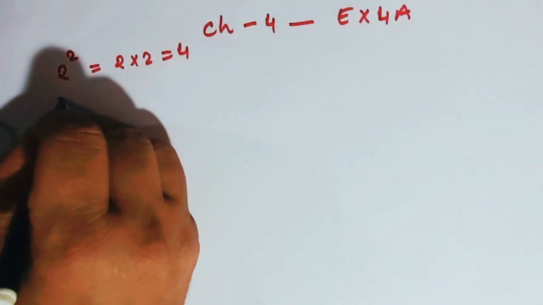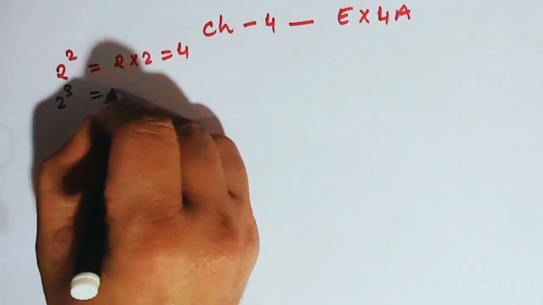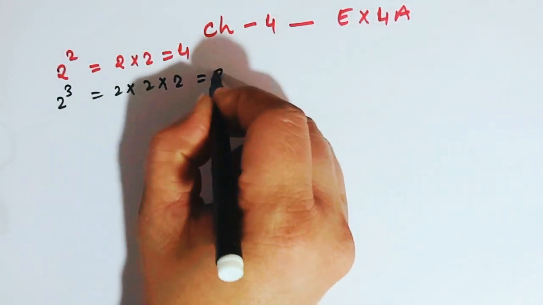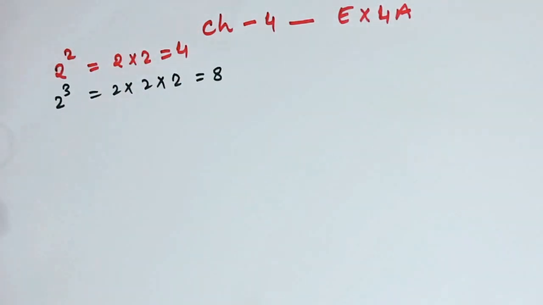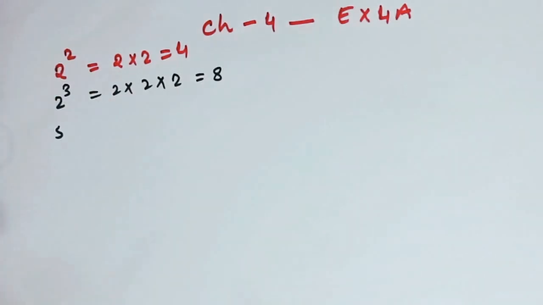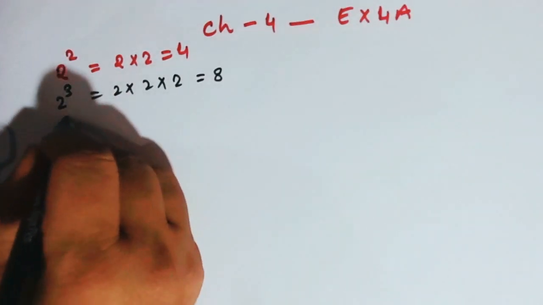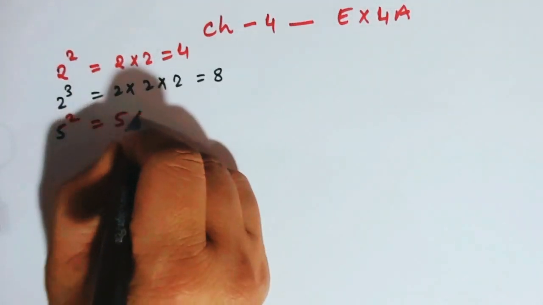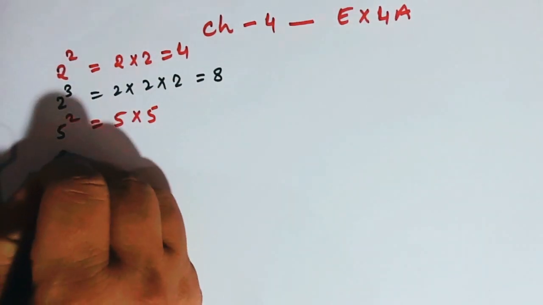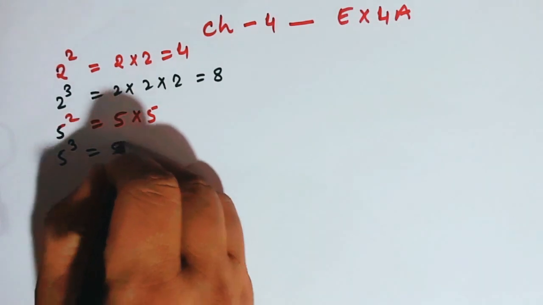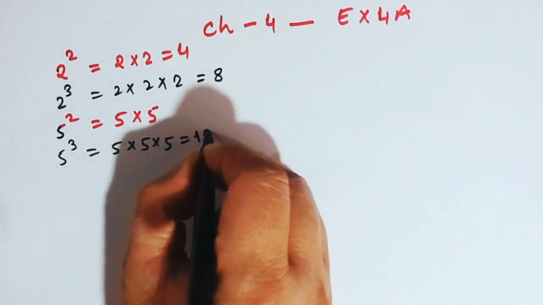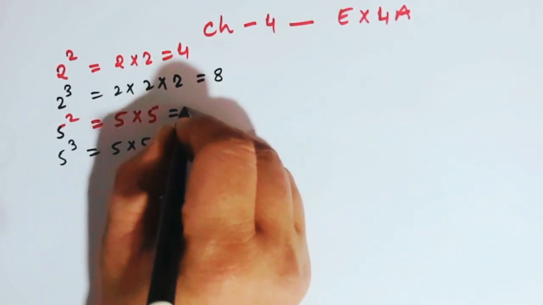of numbers: 2 to the power 3 as 2 times 2 times 2 is equal to 8. If you know that 5 square is equal to 5 times 5, then 5 to the power 3 will be equal to 5 times 5 times 5 is equal to 125.